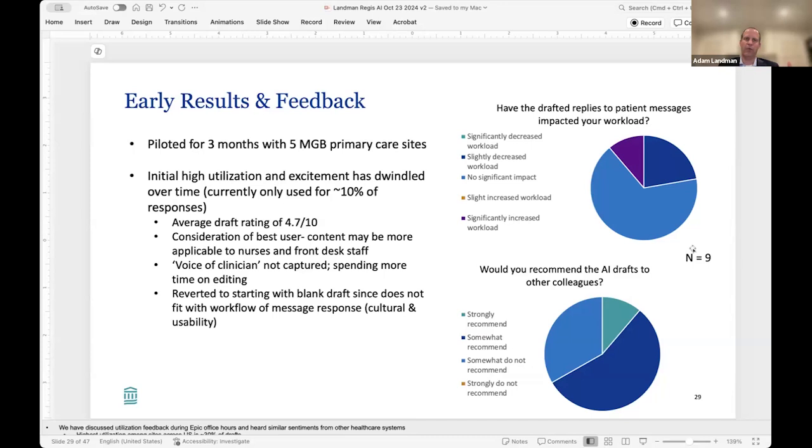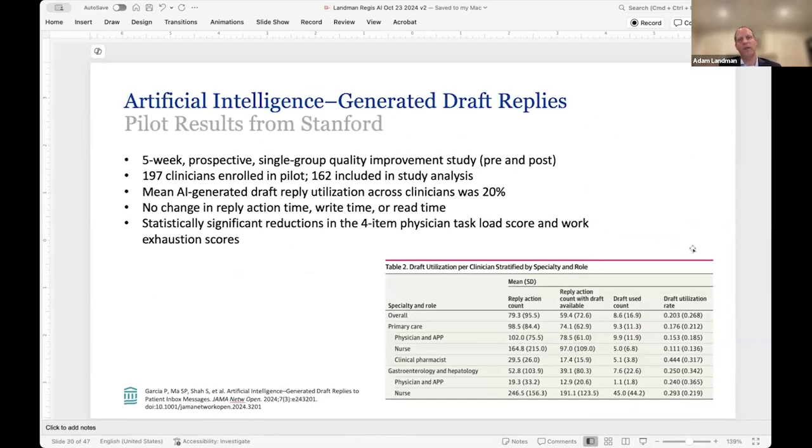So this is an example where it was really important for us to do a pilot, see how it was experienced before we got everybody super excited and tried to roll this out more broadly. There are some published studies. This is a study from Stanford. They did a pilot. They had a little bit better uptake than us.